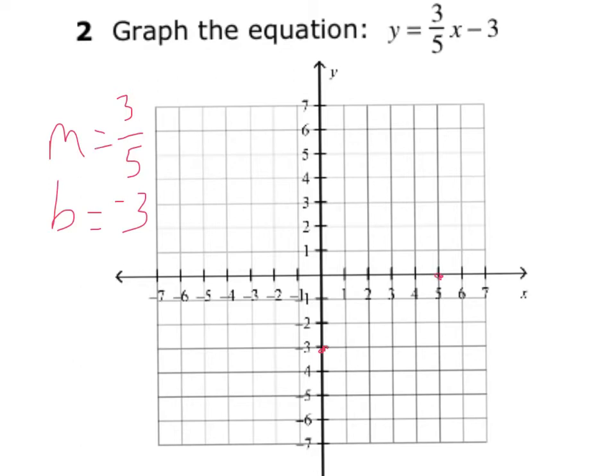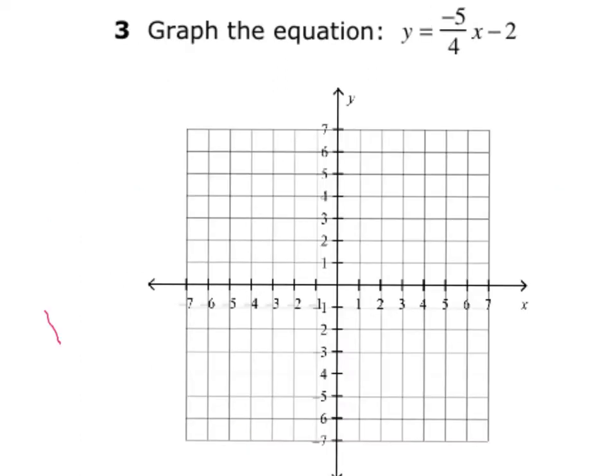And if we were to trace that backwards, it would be down 3 and backwards 5. So we'll go down 3 more and backwards 5. And we'll put a point there. And we will draw our line through the points. And that's the graph that represents that equation.